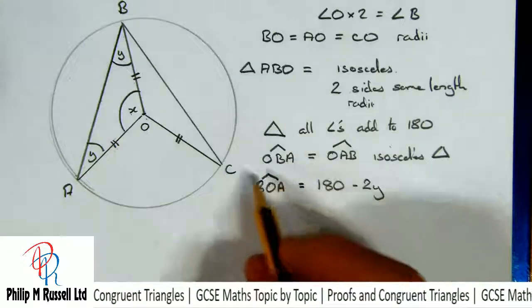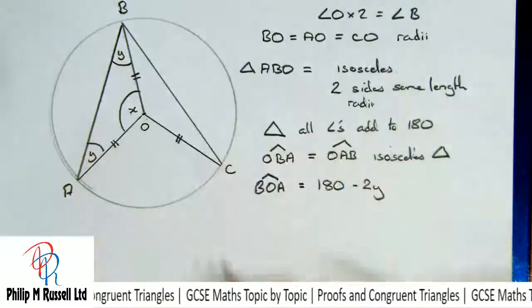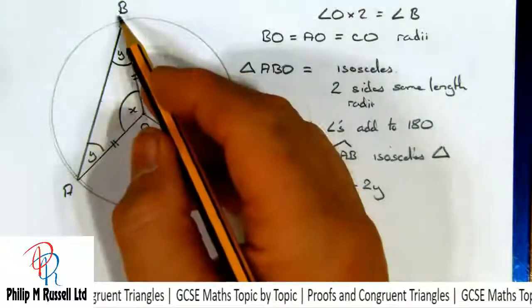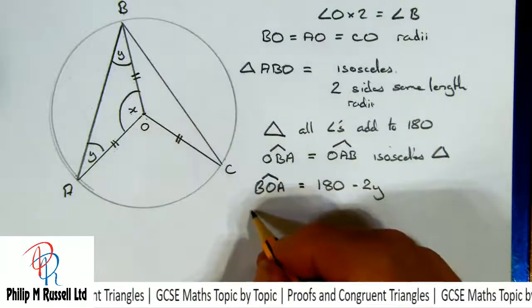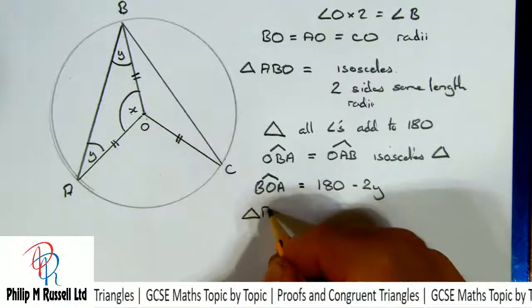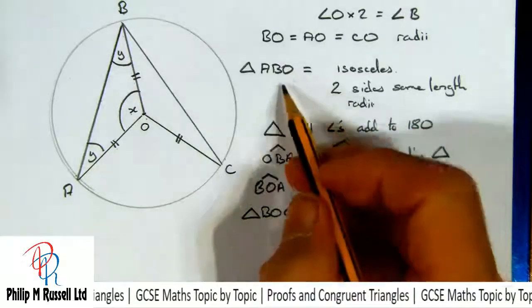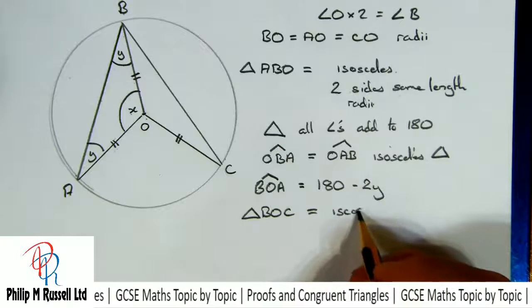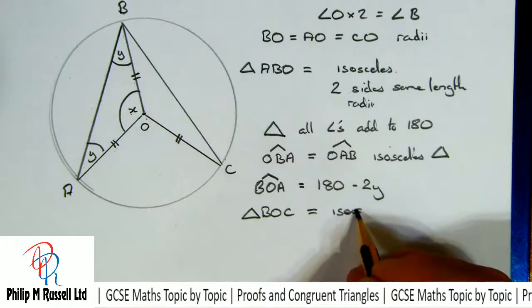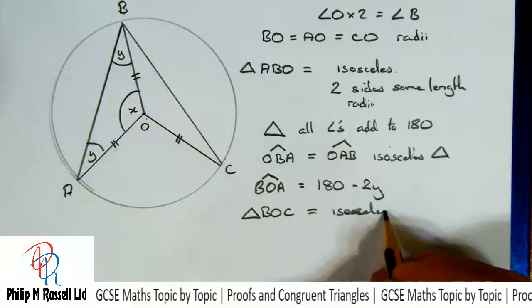Now I'm going to prove the next triangle. We're going to look at BOC. So we're going to look at triangle BOC. Now this is exactly the same as the other one. Oh dear, I can't spell isosceles.